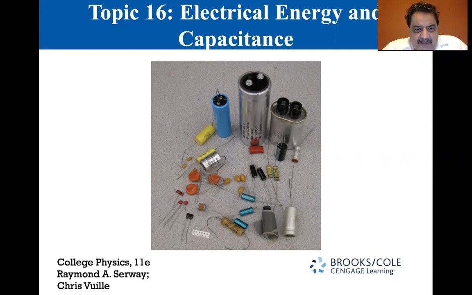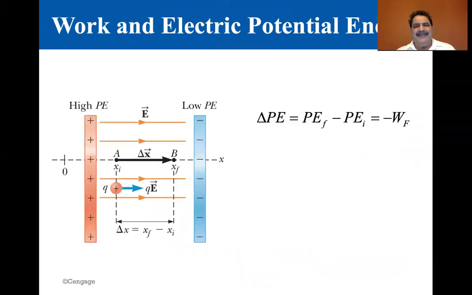But there's a variety of capacitors. Even at the bottom, there's a little white bar with these little dots on it. Those are capacitors that they put on very small circuit boards, like the type that go up into space. Those are tiny little capacitors. So we're going to be talking about electrical energy and capacitance.